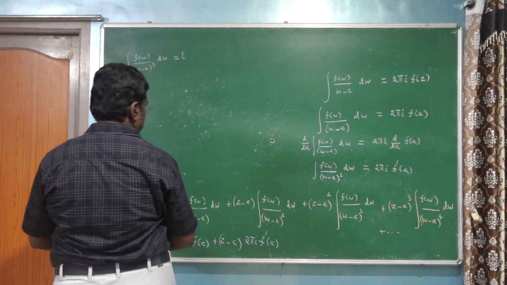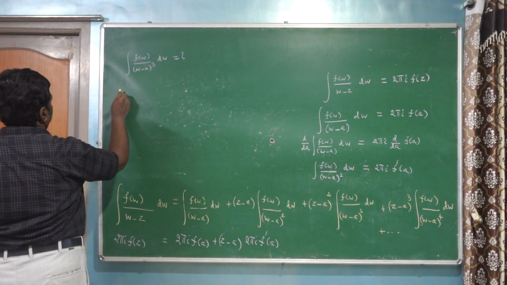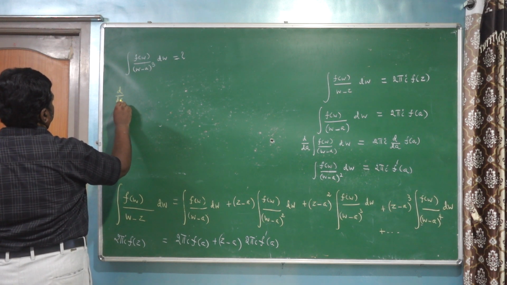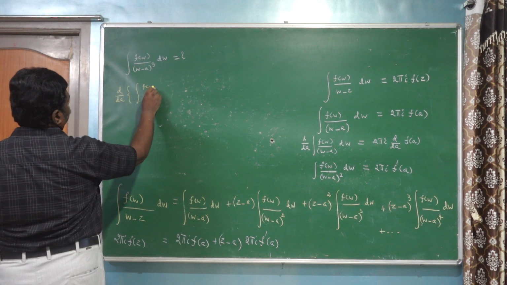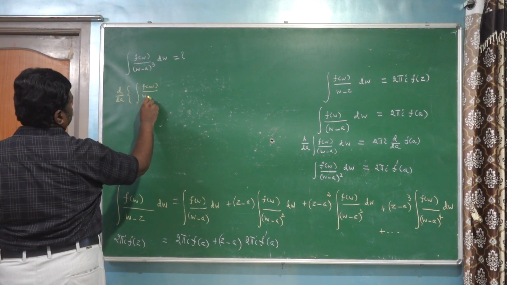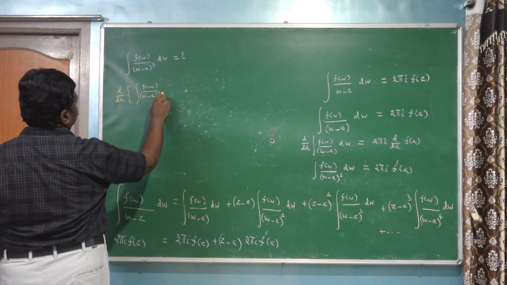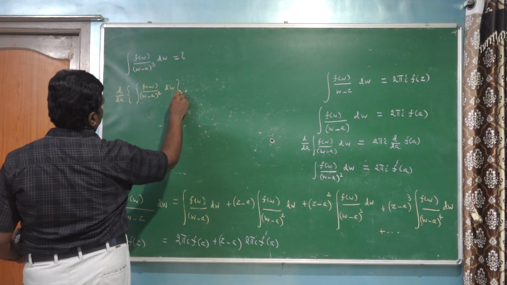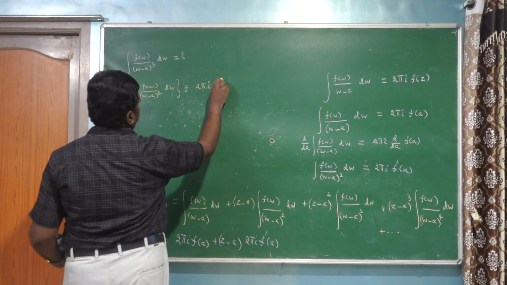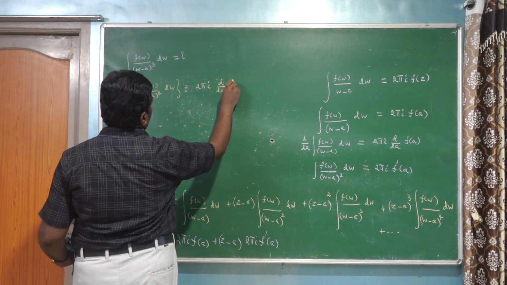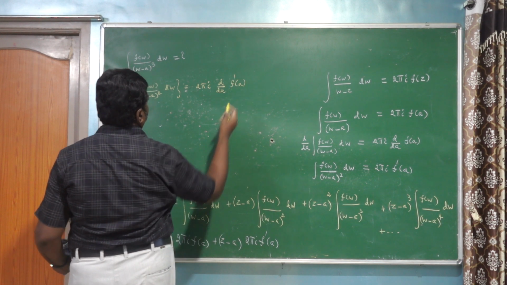That is d by da of the integral of f of w divided by (w minus a) whole square dw, which is equal to 2 pi i into d by da of f dash of a.